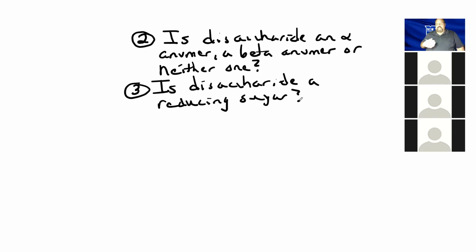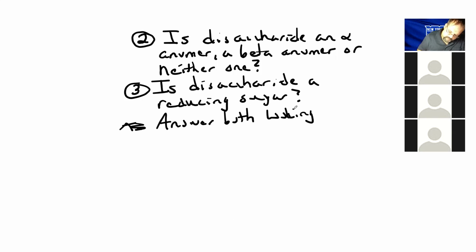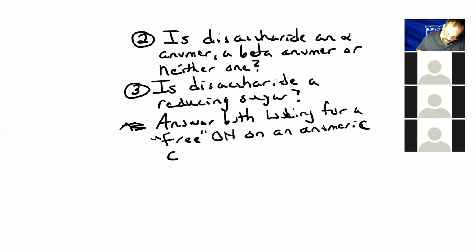And the reason why I like to lump these two together is we answer both by looking for a free OH on an anomeric carbon.